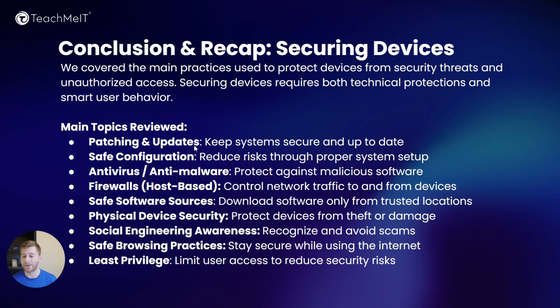Some topics we covered were patching and updates, safe configurations, antivirus and anti-malware, firewalls or host-based firewalls in this case, safe software sources such as the iOS Store and Android Store, physical device security, so protecting our devices through some sort of lock or something like that, social engineering awareness, or having employees or other people understand how social engineering works and how to avoid social engineering attacks and phishing, safe browsing practices, so how we should actually browse the internet properly, and the concept of least privilege, which is limiting anyone's access to only what they need to do their job, which reduces security risks.